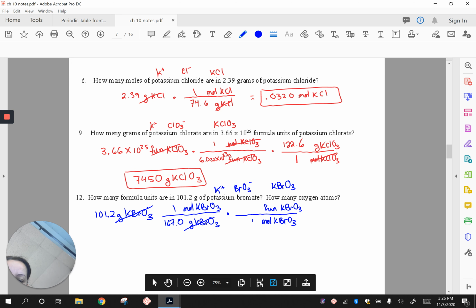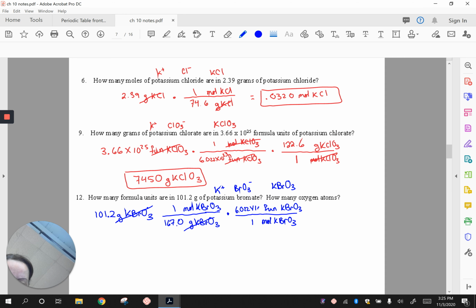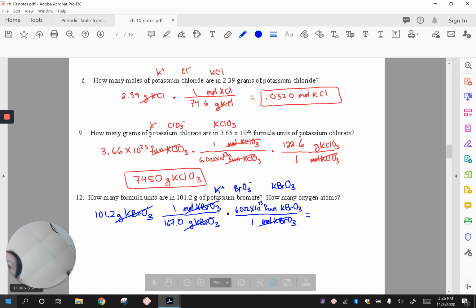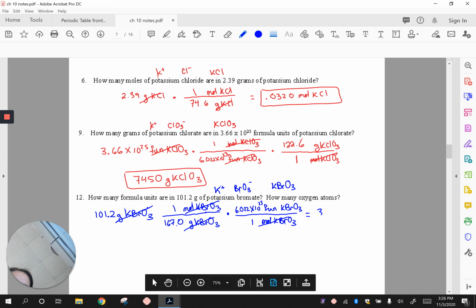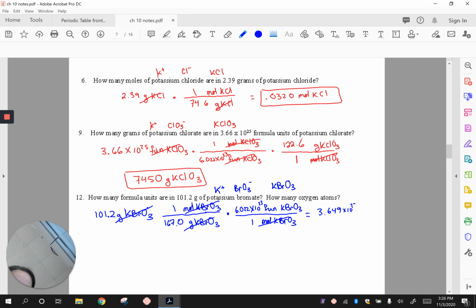So 1 goes with the mole, 6.022 times 10 to the 23rd goes with my formula units or particles. My moles cancel, my grams had already canceled, and I end up with 3.649 times 10 to the 23rd formula units of KBrO3. And that's my answer.